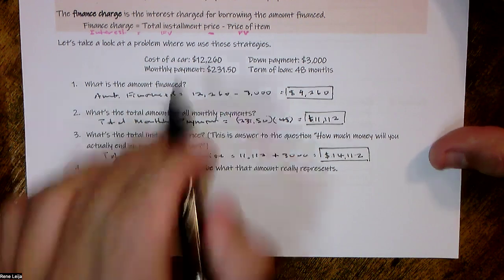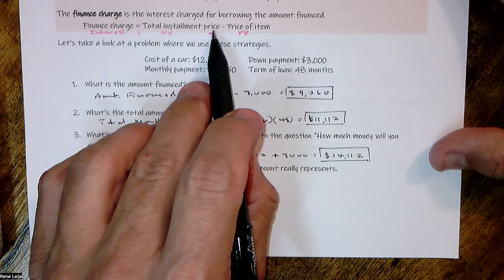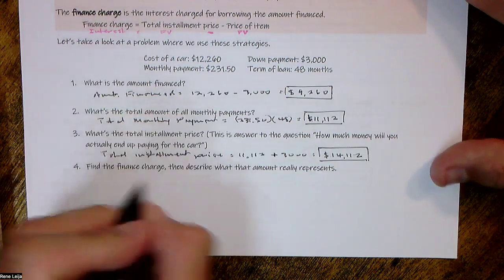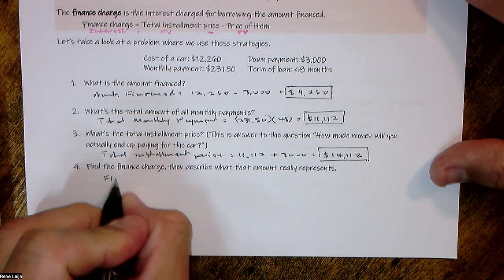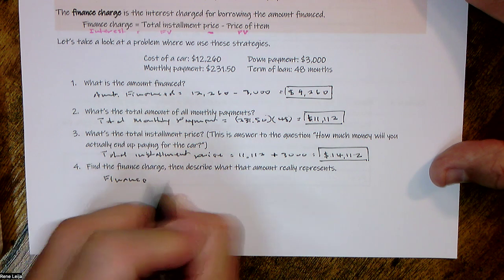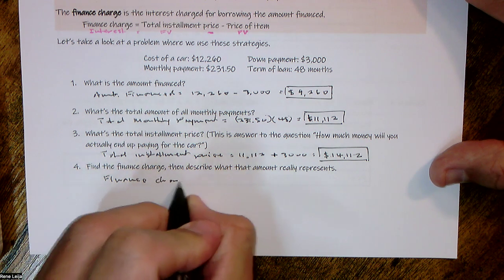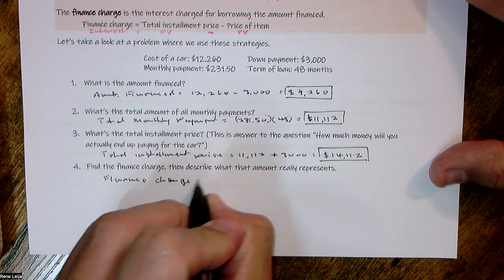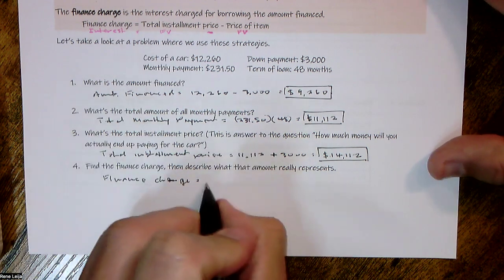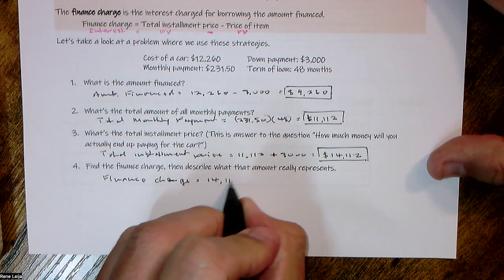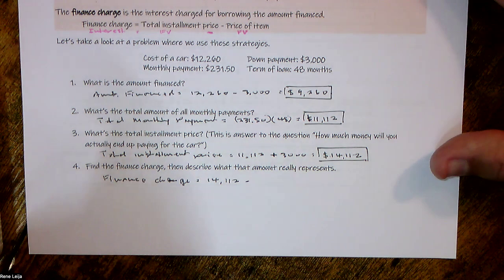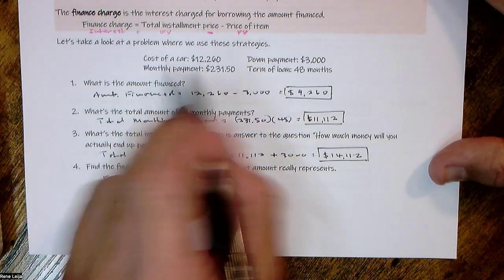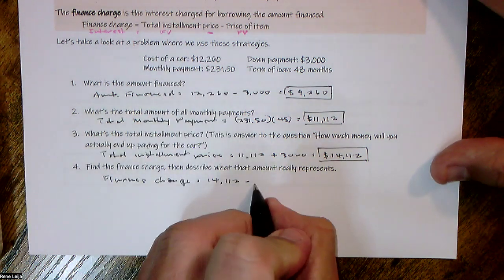Okay, find the finance charge, then describe what that amount really represents. Okay, finance charge. It's the total installment price minus the price of the item. All right, so your finance charge is the total installment price, which is the 14,112 minus the price of the item, which is $12,260.